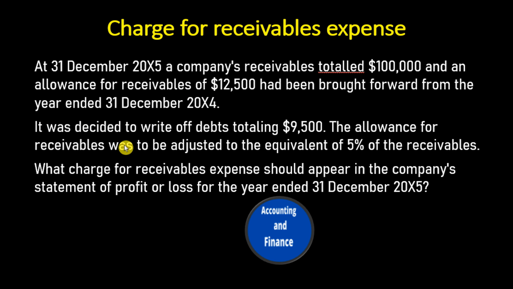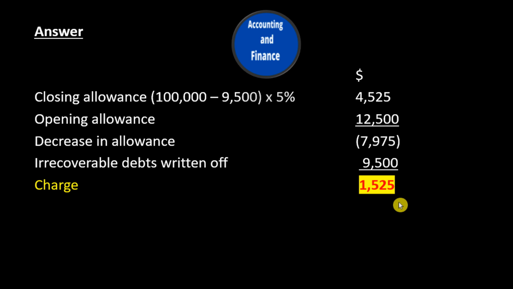It was decided to write off debts totaling $9,500. The allowance for receivables was to be adjusted to the equivalent of 5% of the receivables. What charge for receivables expense should appear in the company's statement of profit or loss for the year ended 31 December 20X5?